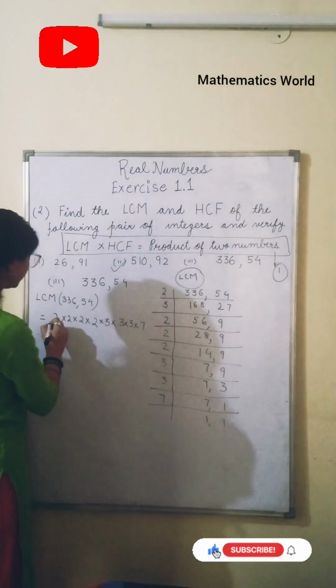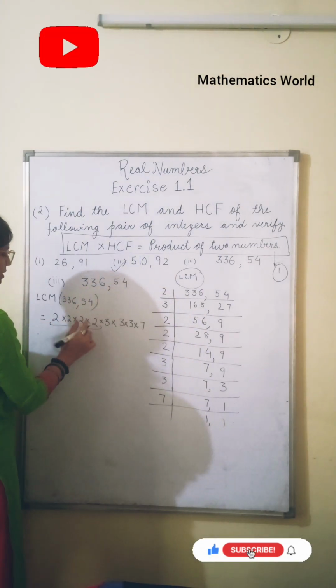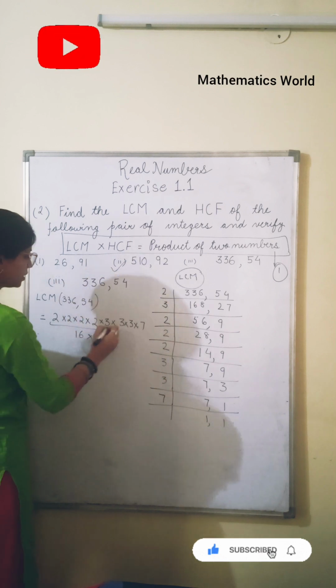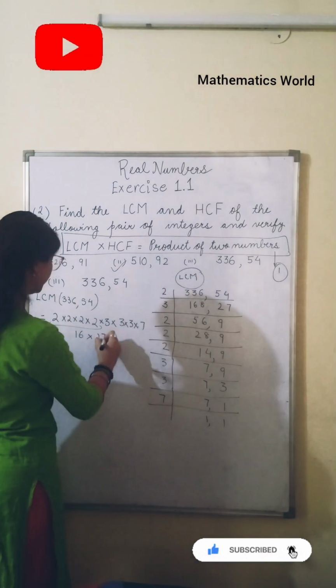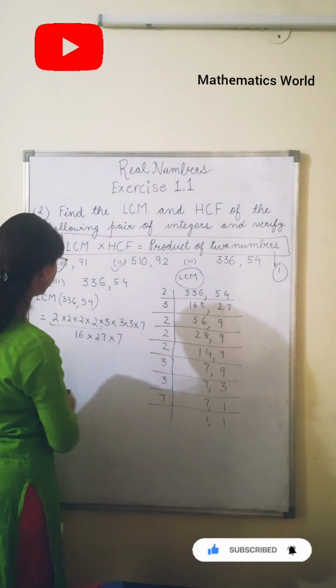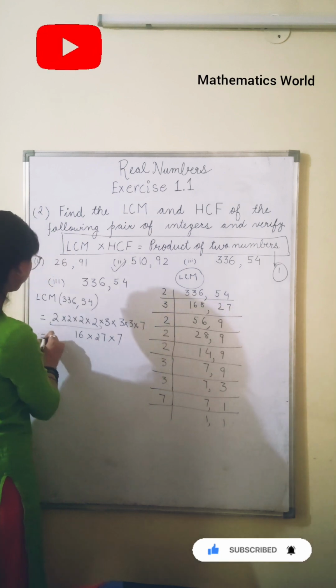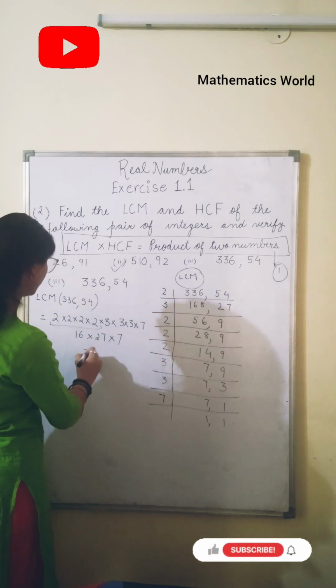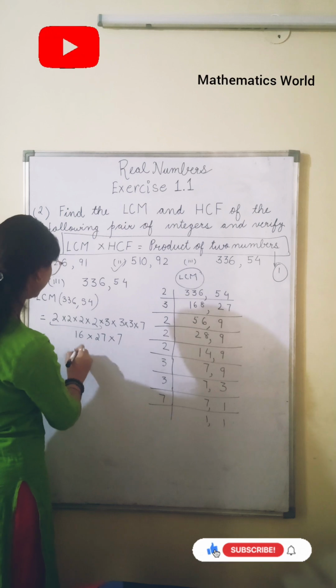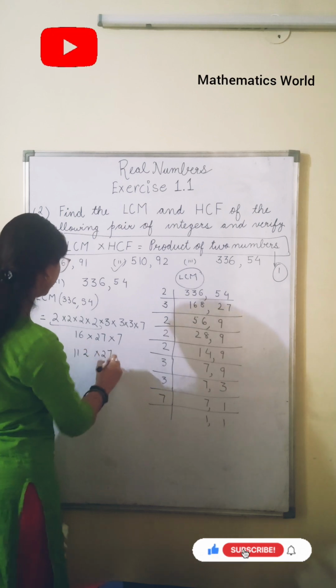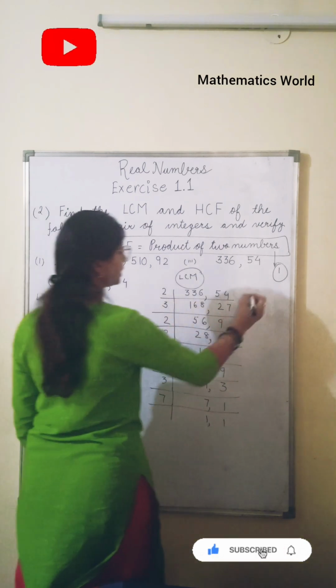So let us solve it. 2 fours are 16, 3 threes are 9, 3 nines are 27, into 7. So 16 sevens are 112, into 27. So let us solve this, 112 into 27.